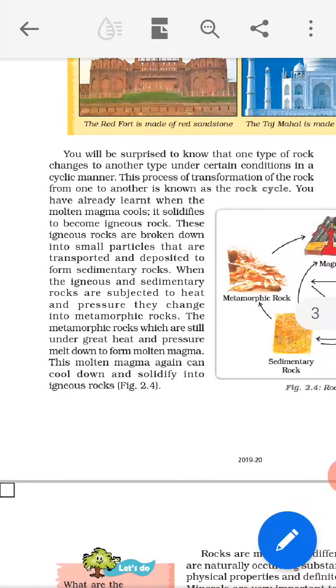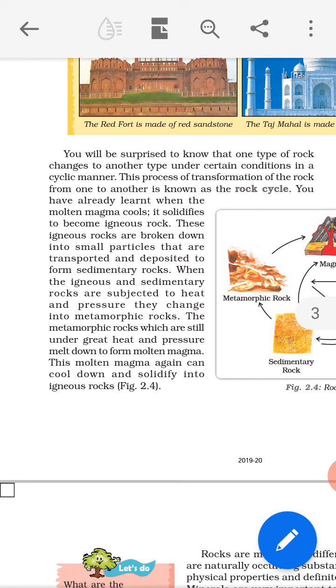Now students, listen here. I am reading this paragraph. You will be surprised to know that one type of rock changes to another type under certain conditions in a cyclic manner.